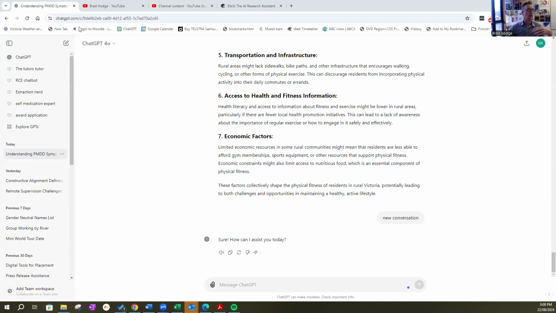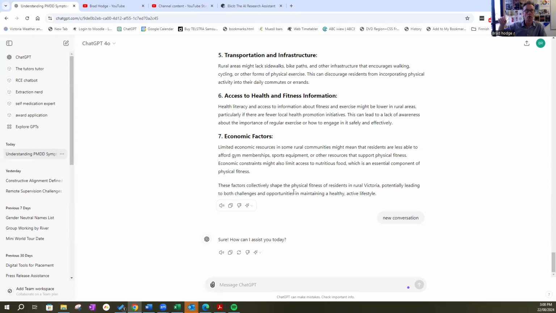Now, there's a couple of tools that I use. Obviously, ChatGPT is probably the main thing, and it has been amazing. Now, ChatGPT is a large language model. It doesn't know things, right? It doesn't actually have knowledge as such.